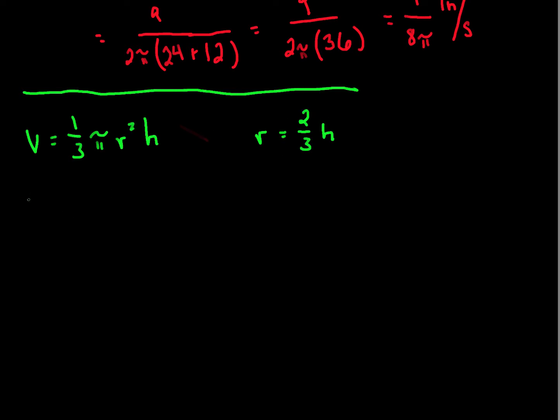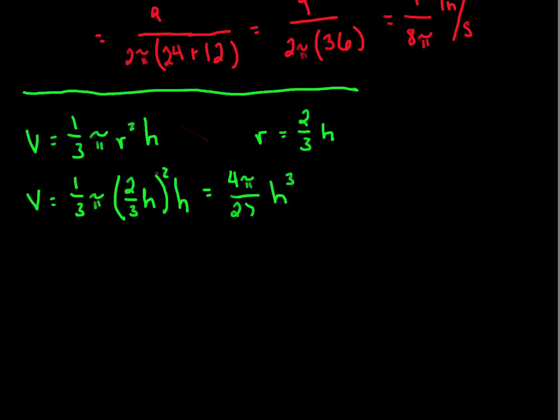So we would get that volume is equal to 1/3 pi times (2/3 h) squared times h, which is, so 2/3 squared, that's 4 over 9. We've got this other 3, so that would be 27. So we would have 4 pi over 27 h cubed.